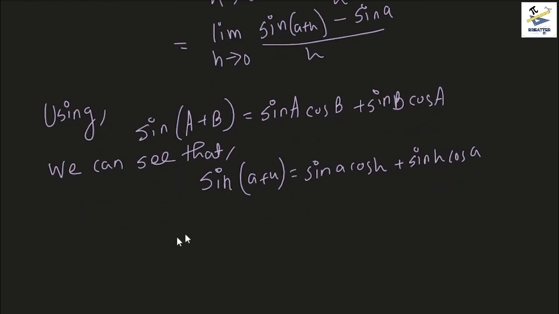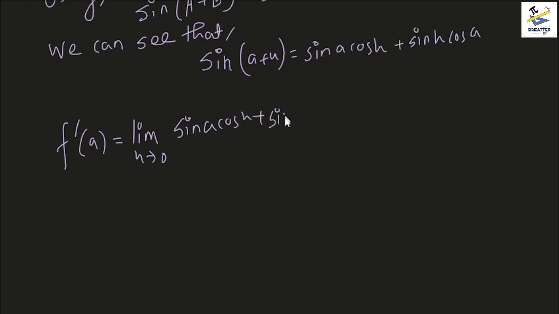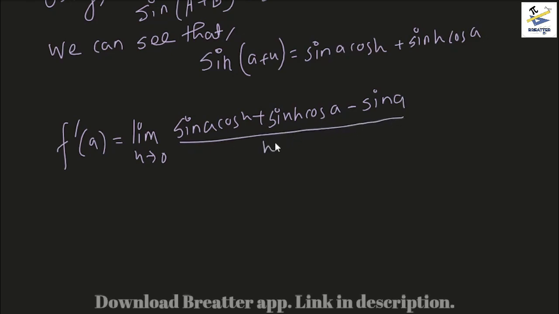When this is done, we can find the limit. So f dash a is equals to limit h tends to 0 sine a cos h plus sine h cos a minus sine a divided by h, right?